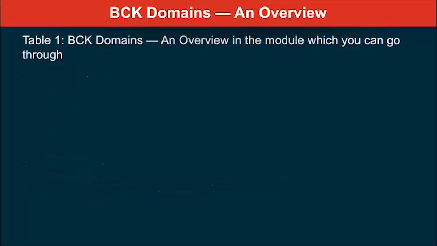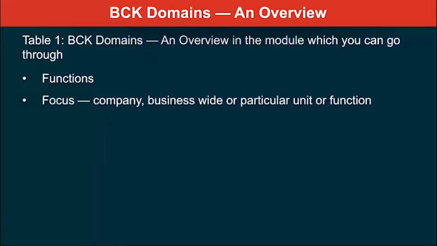Then you have different functions like production, marketing, inventory, etcetera. Those are also part of business. The focus could be for one company, or it could be across the entire business, or it could be one unit or one division, or it could be one function, isn't it? So that could be one area of operation that we are talking about.